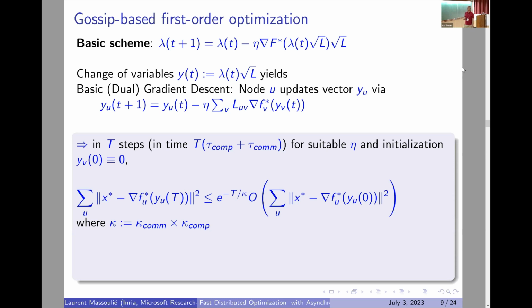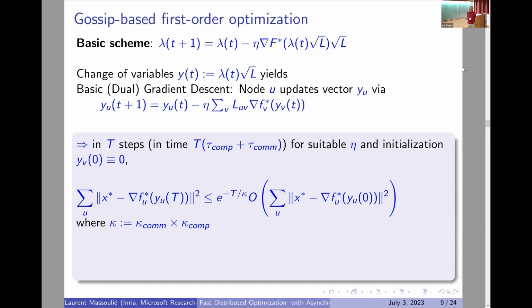Basic gradient descent theory tells us that the quadratic error between the optimal model and the estimated models as seen by the users decays geometrically with the number of steps, with a critical time for this geometric decay given by the condition number that we had previously.